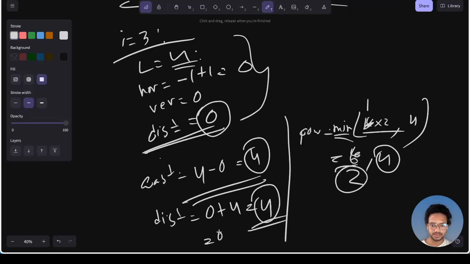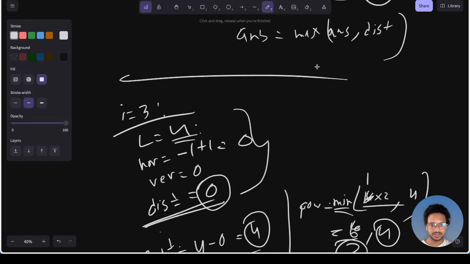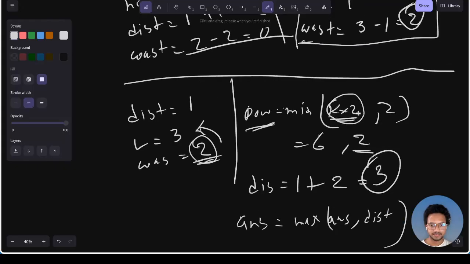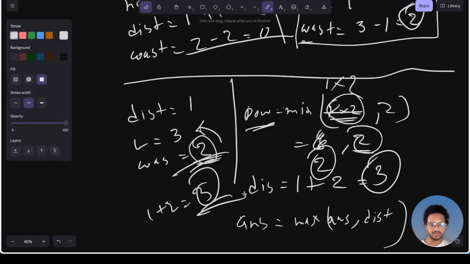So our current distance will be 0 plus 2, which is equal to 2. And in that case, if the value of k was 1 into 2, then I can add only 2. So this time, the maximum value, the distance 1 plus 2, will be 3. So our answer should be 3.